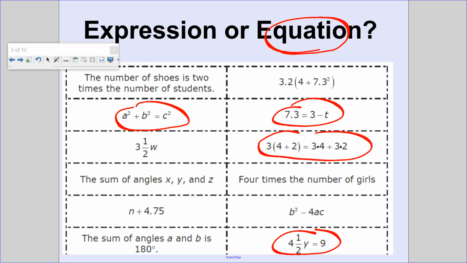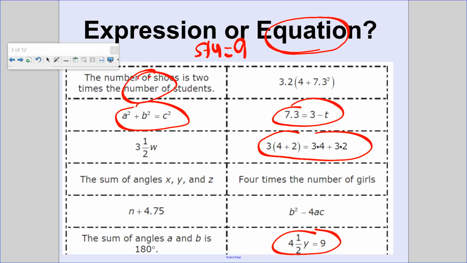There are 2 more. The number of shoes is 2 times the number of students. The number of shoes is, wait, 5 plus 4 is 9. Is means equal. So this is an equation.